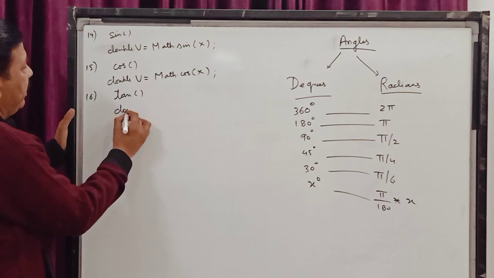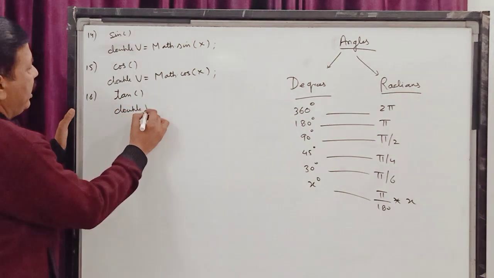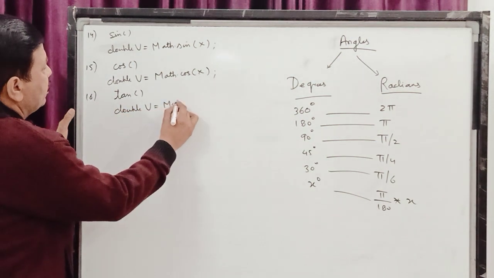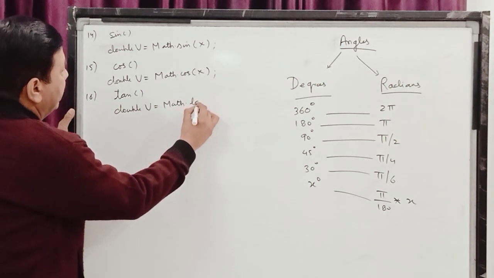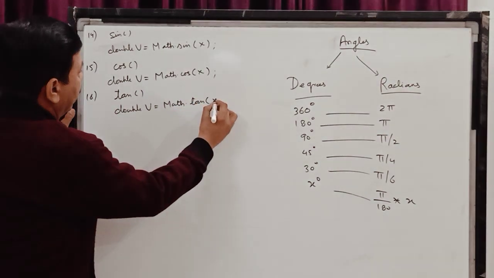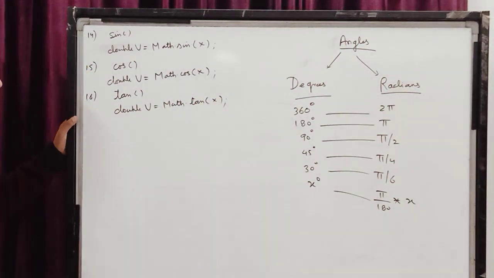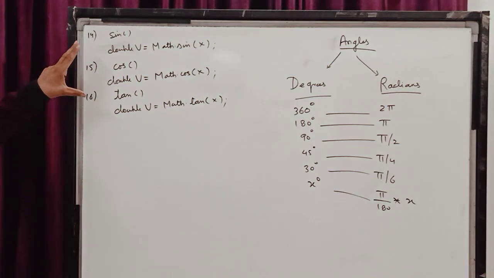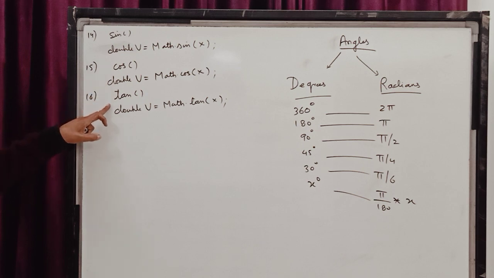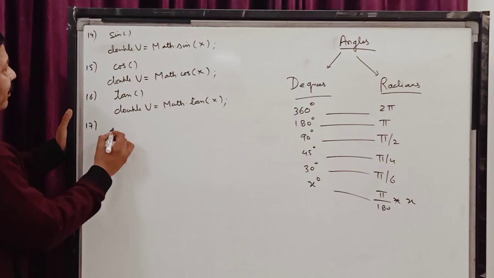This function returns the tangent of an angle x, which is measured in radians, and it returns a double value. So children, these are the three functions where we are finding the sine, the cosine, and the tangent of an angle x measured in radians.